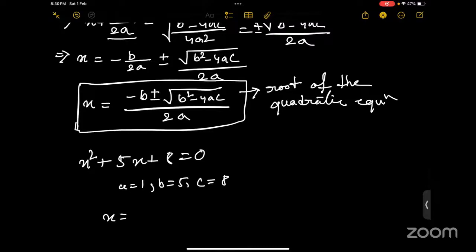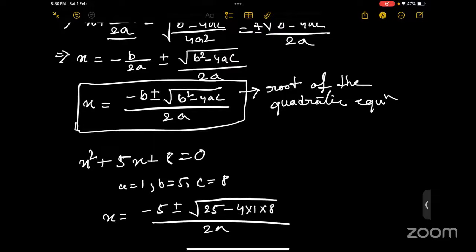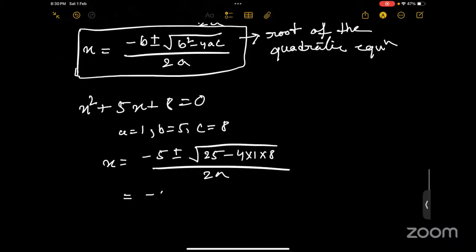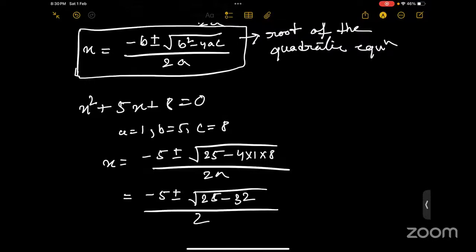So the roots will be minus b, that means minus 5, plus minus root over b square, that means 5 square, that means 25, minus 4ac by 2a, that means minus 5 plus minus root over 25 minus 32 by 2, right? This portion is negative, that means this will give some complex root, right?